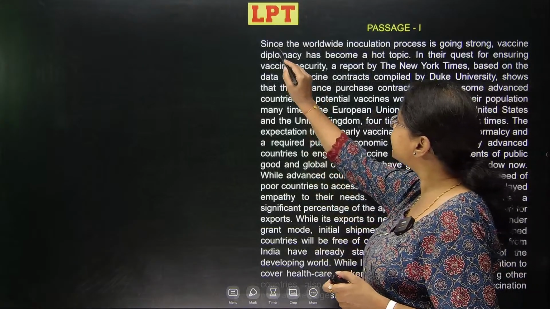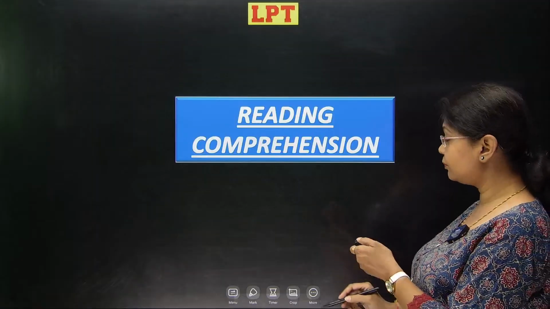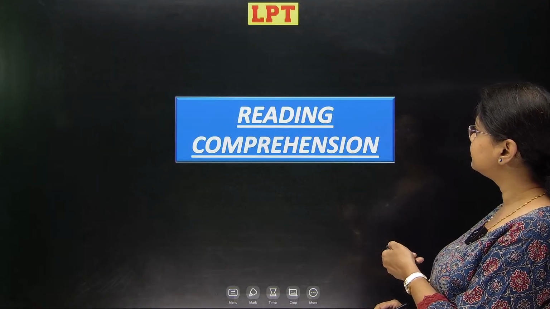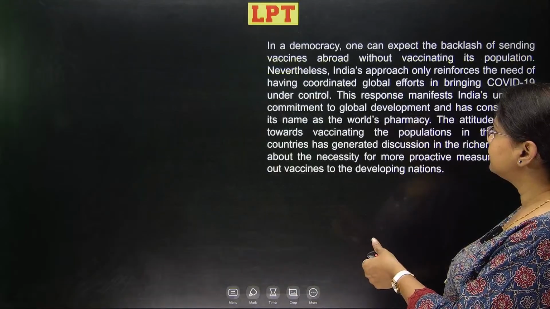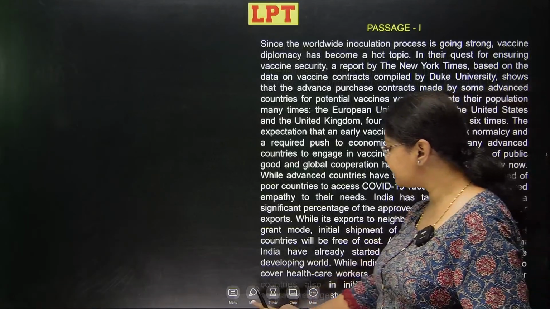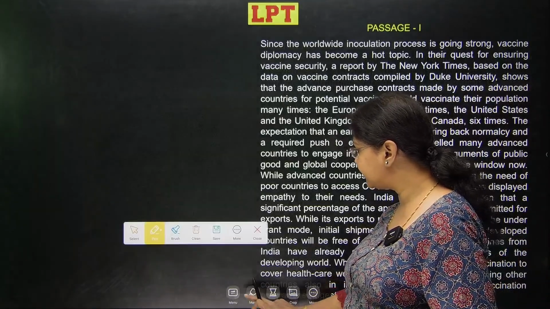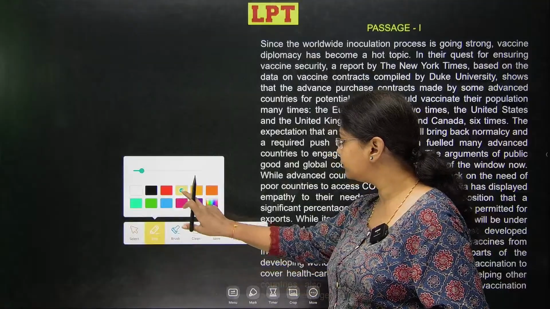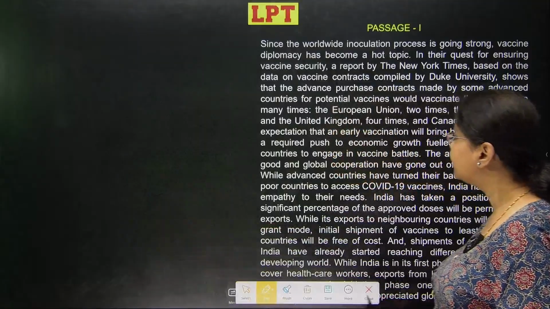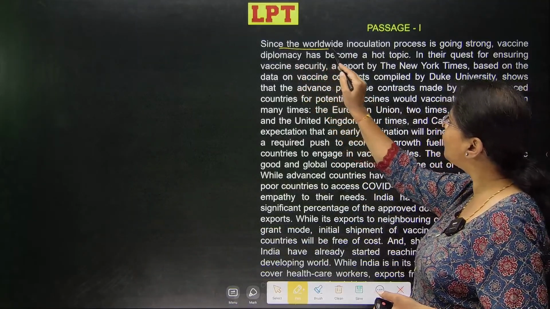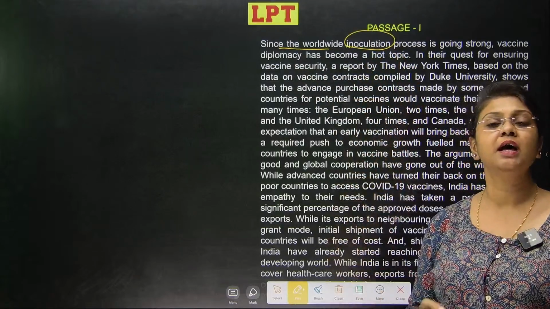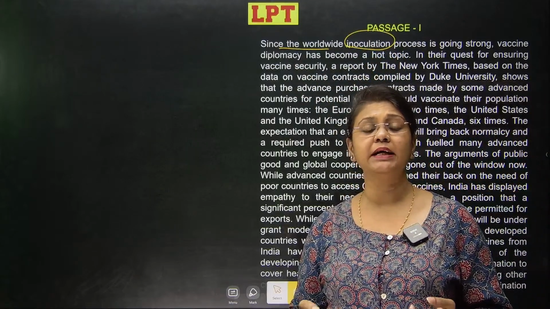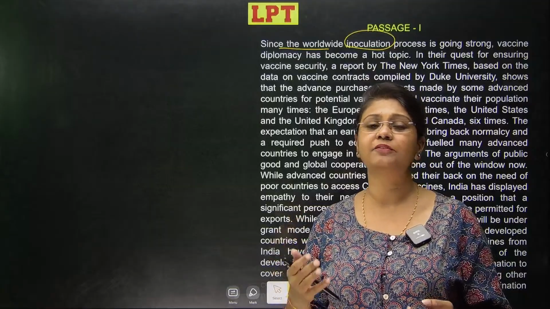It says, since the worldwide inoculation process, so you have this word here which is inoculation, and you must be knowing by this time that inoculation is just another word for vaccination.